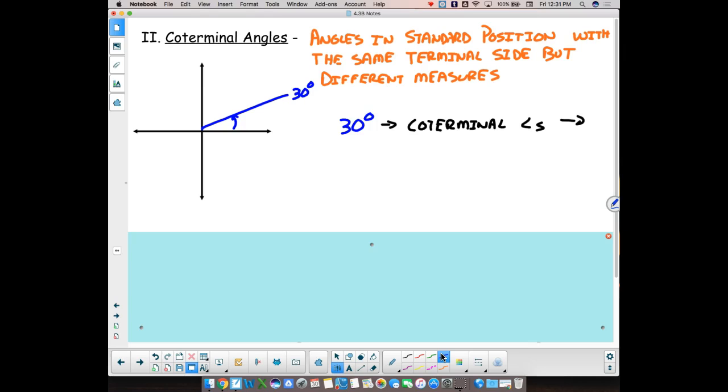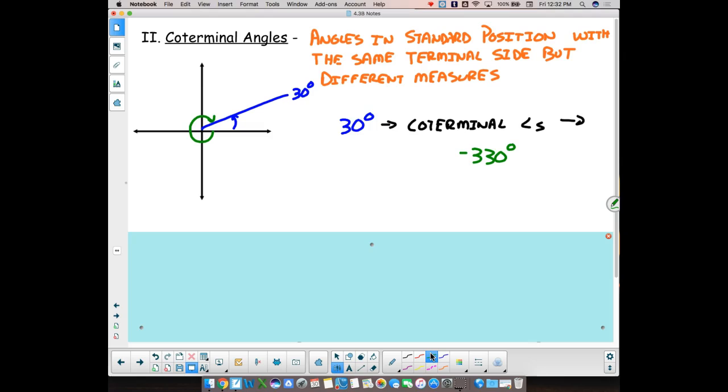One of them is negative 330 degrees. I just rotated the opposite way, right to the same spot. Okay.